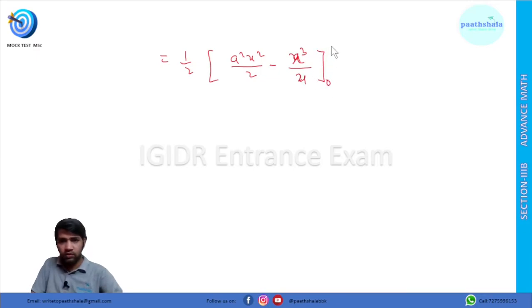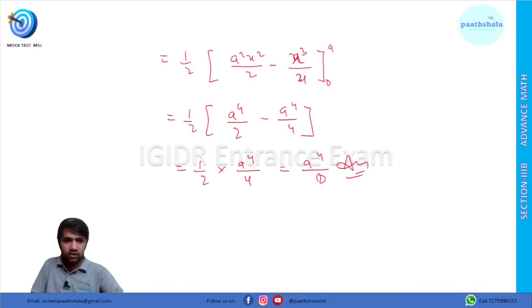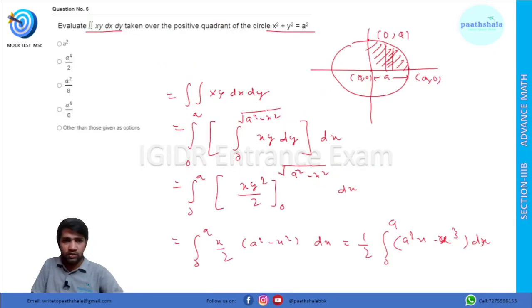Limit will go from 0 to a. Okay, so half, this will come out to a power 4 by 2 minus a power 4 by 4. So when you solve it further, half, this will come out to a to the power 4 by 4. So finally this is a power 4 by 8. So this is your answer. So let's go by choices. So option B is the right option.